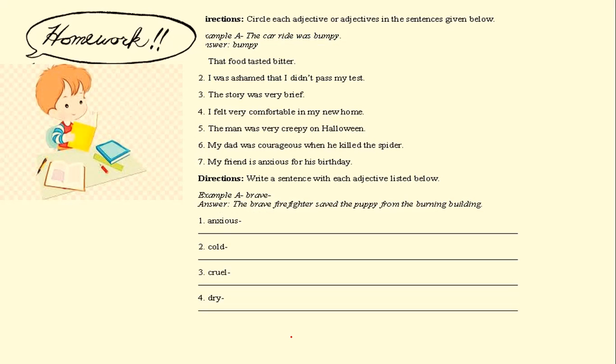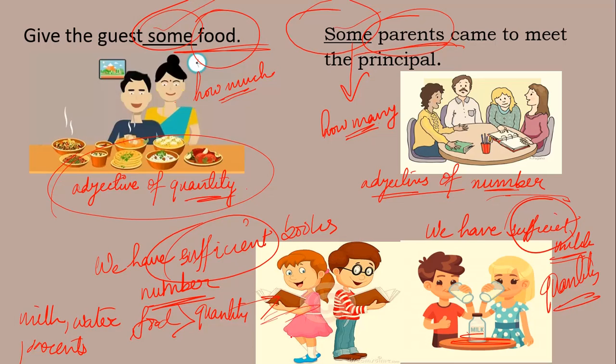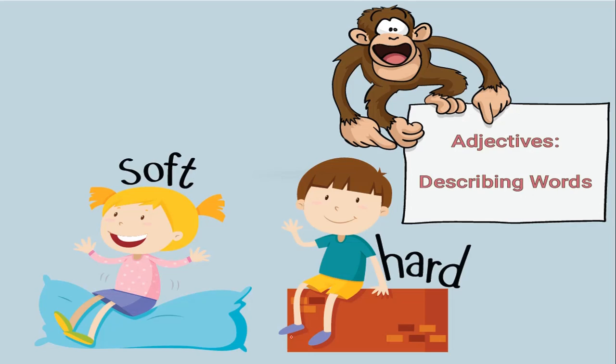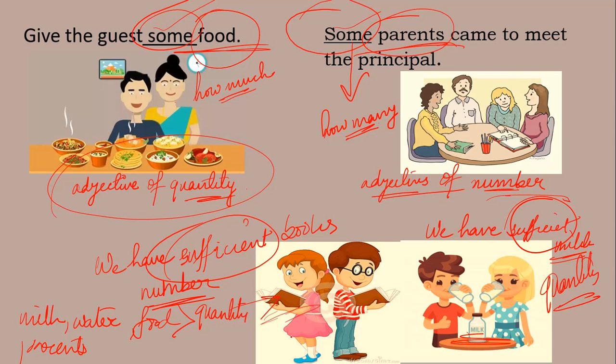So for today's homework, you have to do this in your notebook again, and we finished with all these 6 kinds of adjectives. I hope you remember. Let me tell you once again. We have adjectives of quality, quantity, number, and I told you when to use number and when to use quantity.